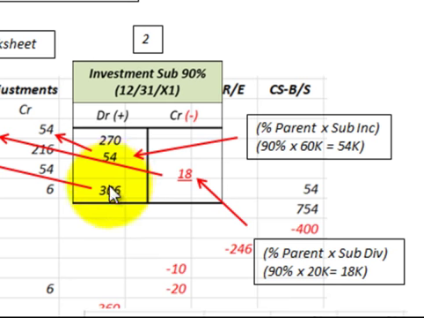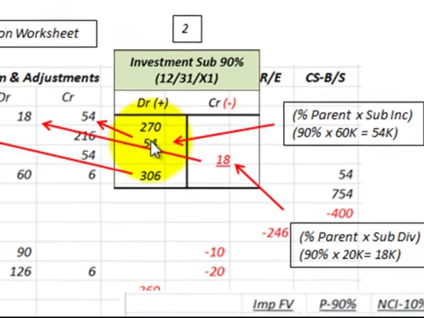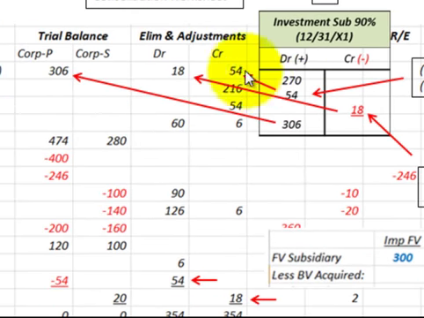So to bring this back to $270,000, we'd take the $54,000 income amount, the debit amount, and we'd credit our adjustments to investment in sub for $54,000, and then the balancing amount goes to subsidiary income for $54,000.